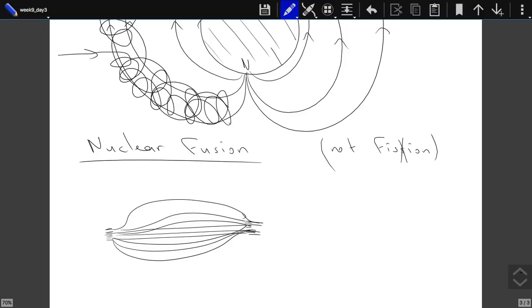Another problem that the fusion researchers are facing is that you create this magnetic field, you put wires, and you can determine the shape of the wires, so you can fix the shape of the magnetic field that you create. But in here, you put charged objects, and these charged objects are constantly moving around. So there's a current there.